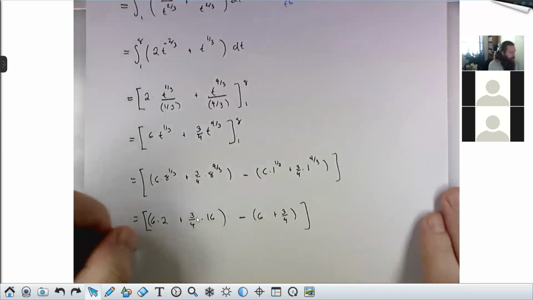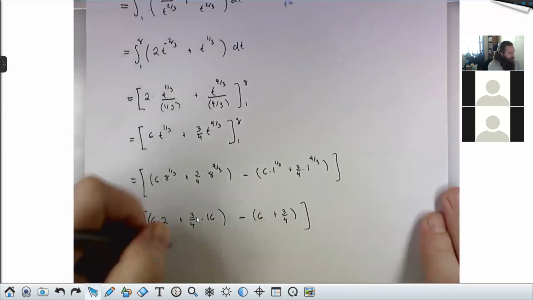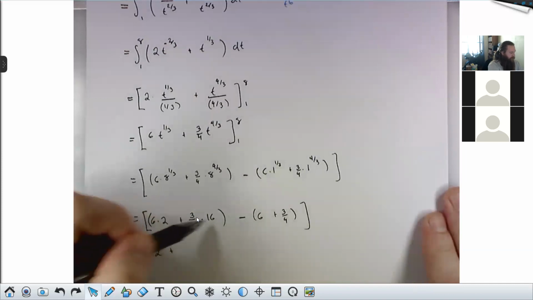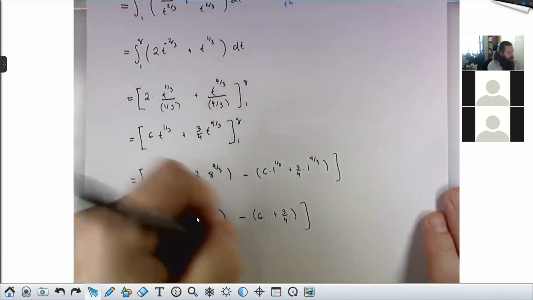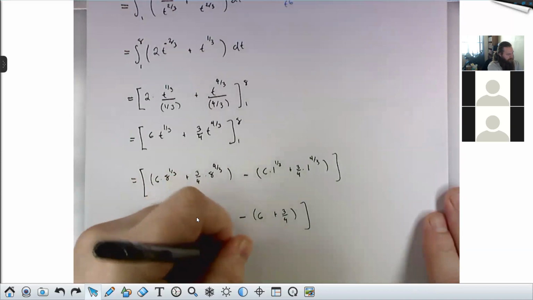We can clean up a little bit more. 6 times 2 is 12, plus 16 divided by 4 is 4. 4 times 3 is also 12. And then here I'll have minus 6 minus 3/4.